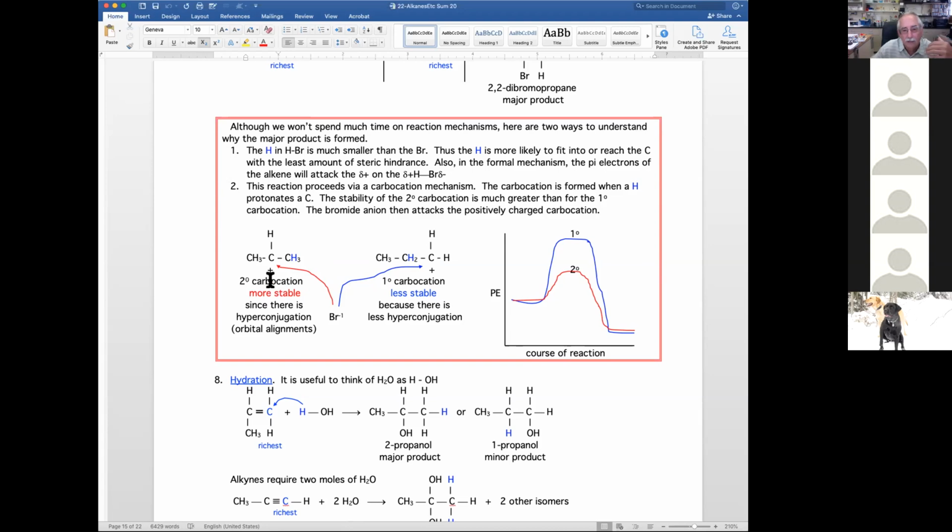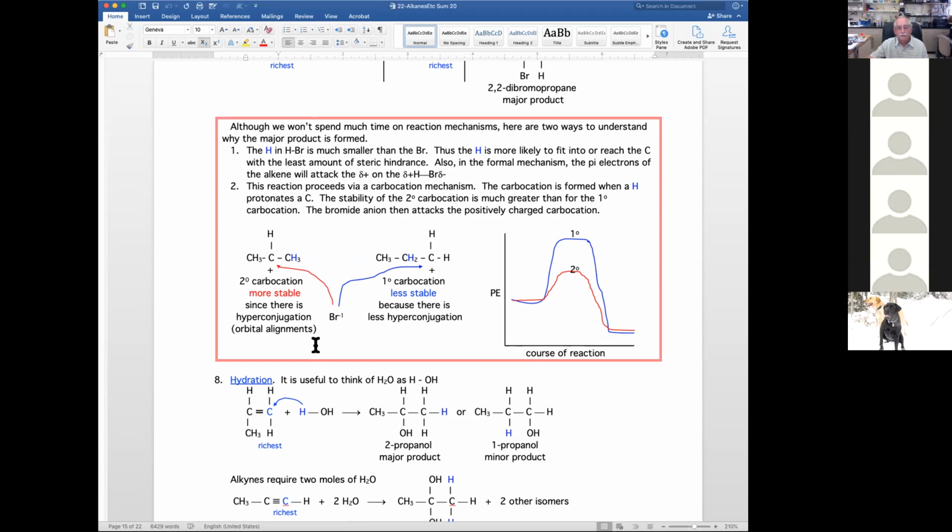I need to donate electrons to it. So who can donate more electrons? Hydrogen or carbon? Obviously carbon. So I have electrons being donated from that carbon and from that carbon. Here I have only from 1 carbon. So that means that a secondary carbocation is more stable than a primary carbocation.